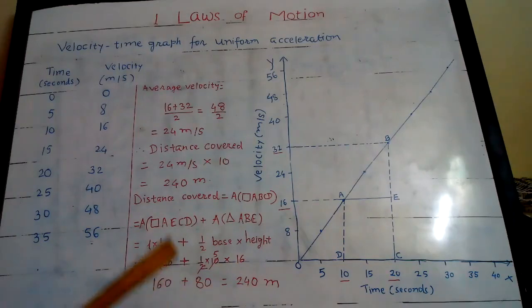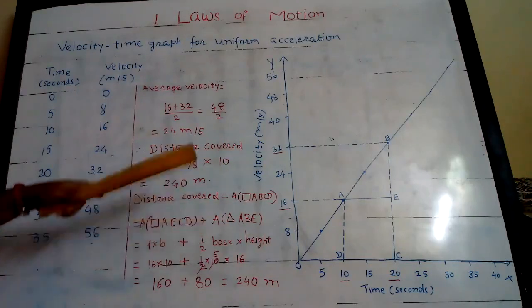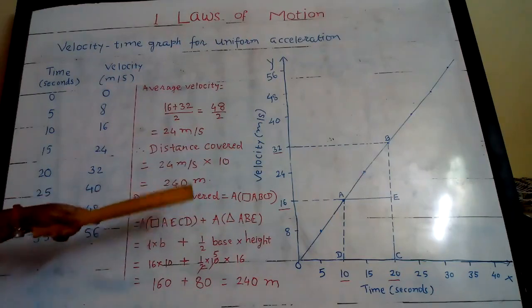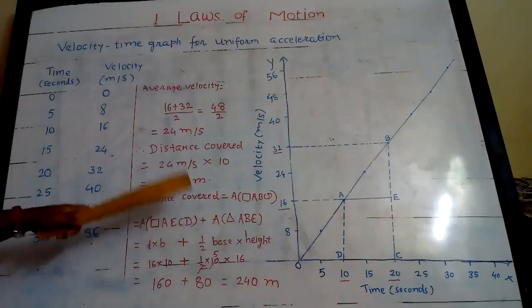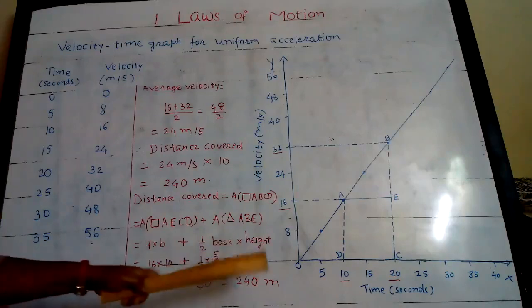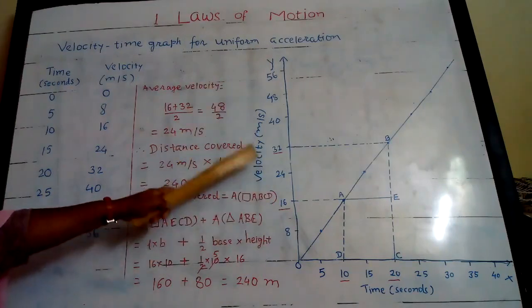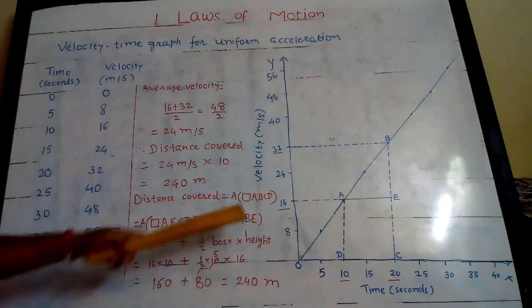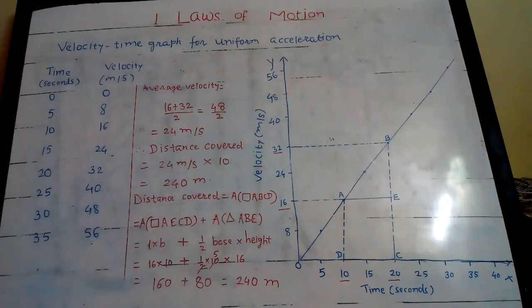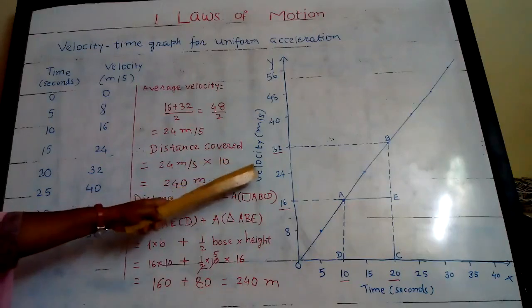Now here the velocity is changing every 5 seconds. So we have to calculate the average velocity of the car in between those time intervals, that is, 16 and 32 meters per second. You know how to calculate the average.